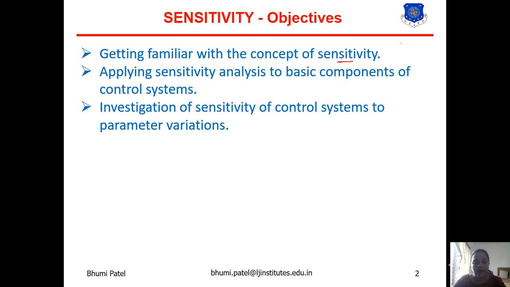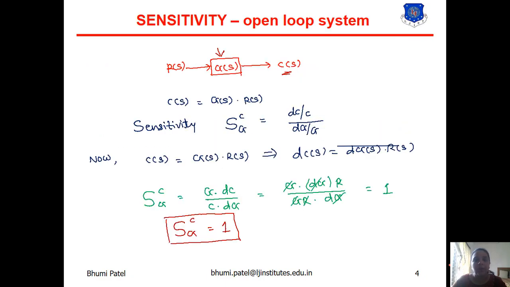We can find the sensitivity of the open loop control system. For the open loop control system, we will get S is equal to 1.